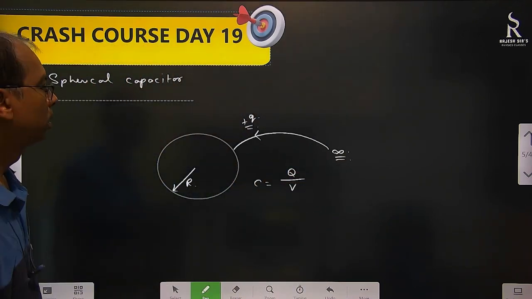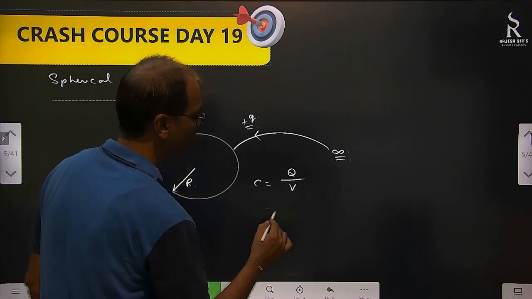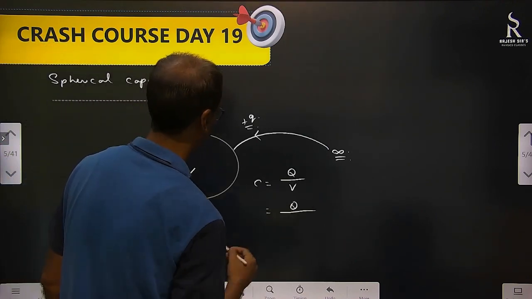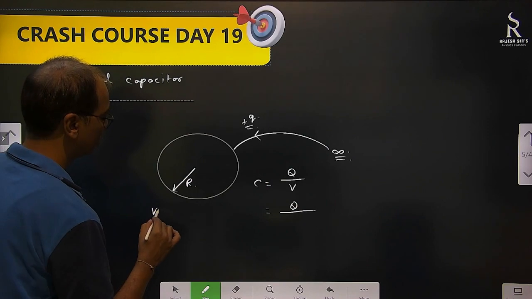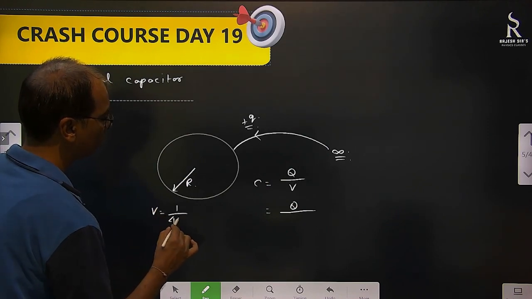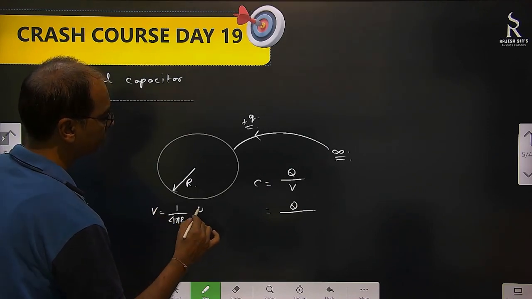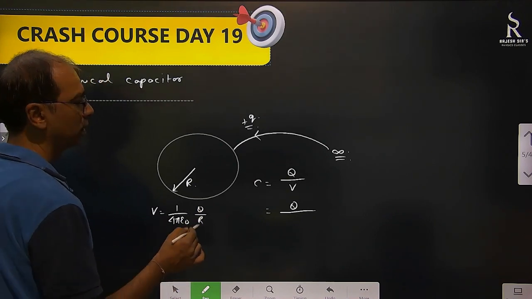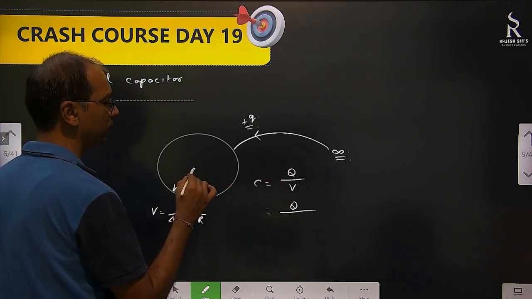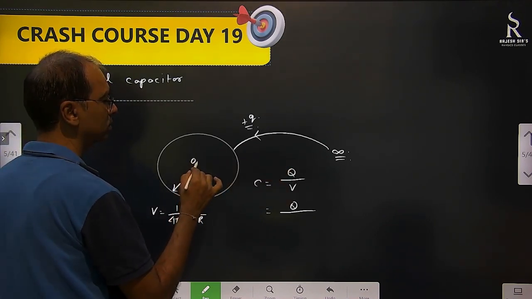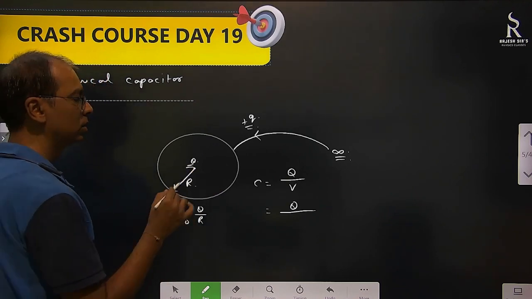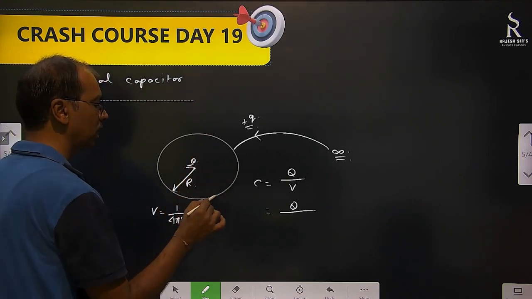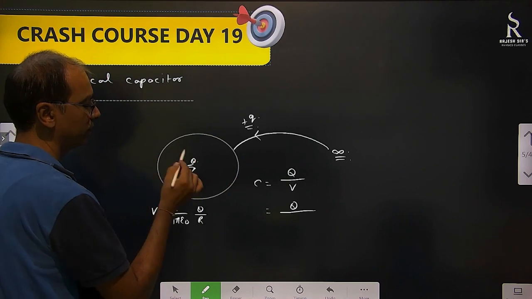So now the charge you have given is Q, and potential on this capacitor is what? Potential on this one will become 1 by 4 pi epsilon naught Q by R on its surface. Because when we give the charge to a conductor, we assume that the charge is coming where? At the center. So because at the center charge is available, the potential on its surface will be this.